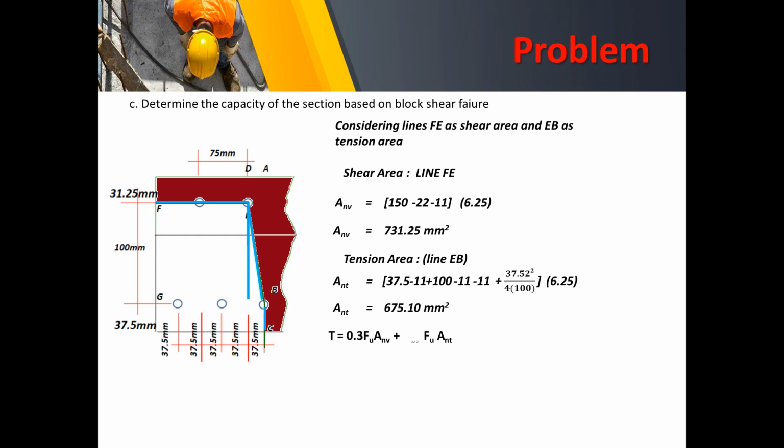And finally, we apply the formula for tensile capacity for SI units. Of course, there will be UBS here, wherein UBS is 0.5 given that we have a staggered connection. So applying the formula for the first term, we have 0.3 times FU of 400 times 731.25 for the net shear area, plus 0.5 times FU of 400 times 675.1 for the net tension area.